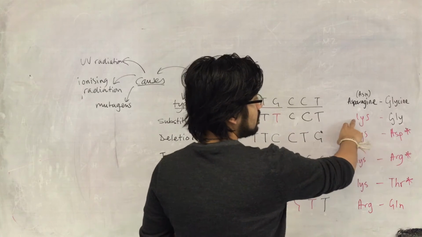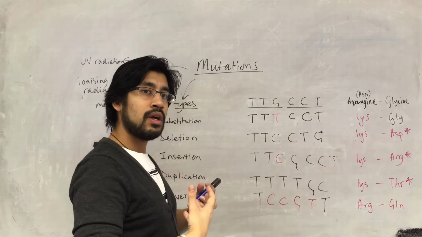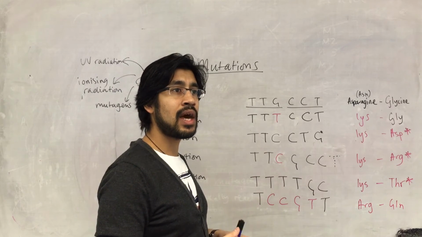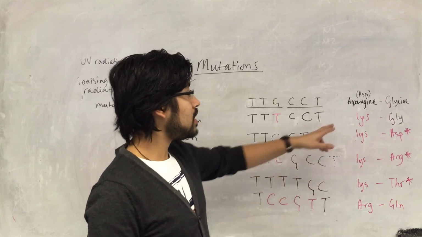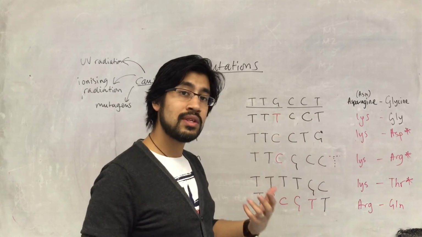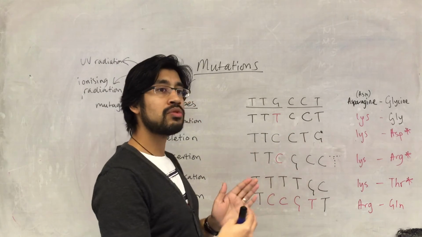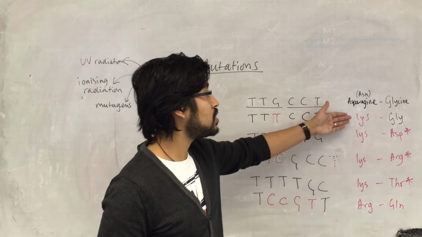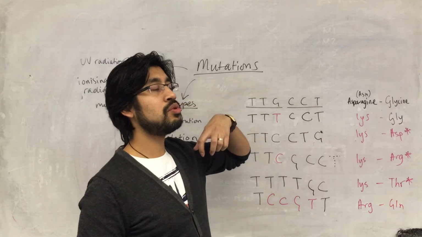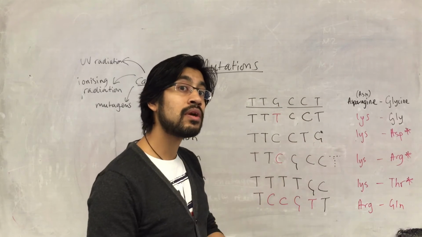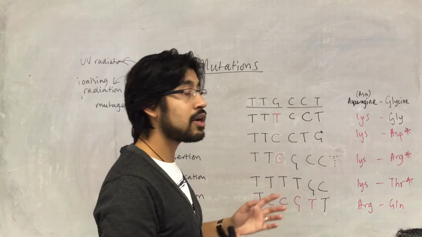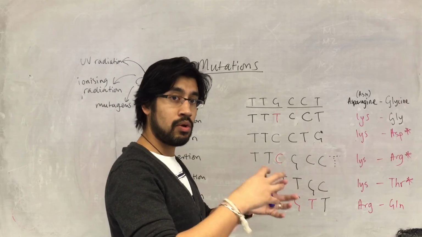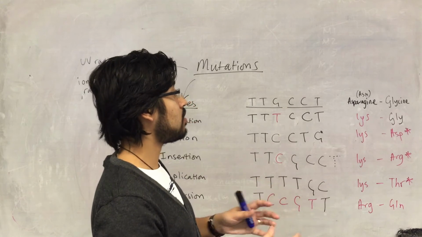The other thing is, it might change from one charged amino acid to another amino acid that has a similar charge. In that case, even if the amino acid is changed, it might not cause as dramatic an effect as if it were to change from a charged amino acid to a hydrophobic amino acid. That kind of change might cause quite a lot of impact on the tertiary structure and the interactions.